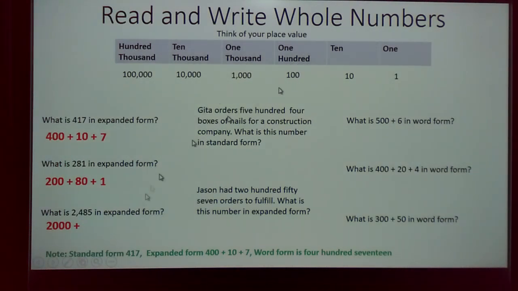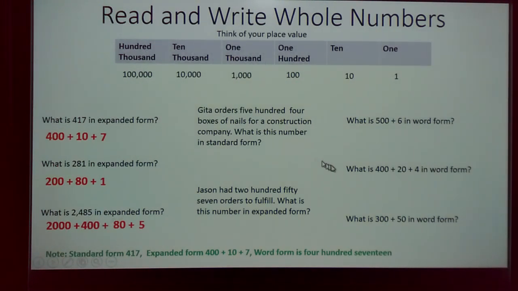We add 2 zeros to the 4 and it becomes 400. And then the 8 is in the 10 spot, so we add a 0, so it becomes 80. And then finally the 5 is in the 1 spot, so it'll be just that number, 5. So expanded form is 2,000 plus 400 plus 80 plus 5. And if you line them up and add them, it should give you 2,485.